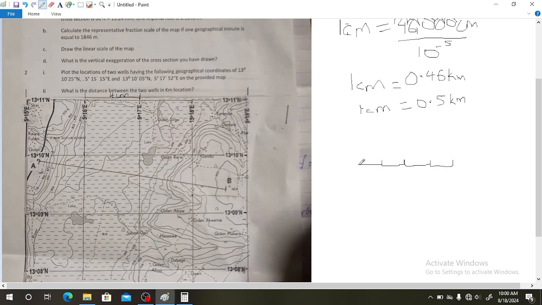You can have even more than this, but you must make sure that at every 1 centimeter you are having 0.5 kilometer. You get it? Here now, since we are starting from origin 0, from 0 to this 1 centimeter, we are having 0.5 kilometer. So you put your 0.5 here.